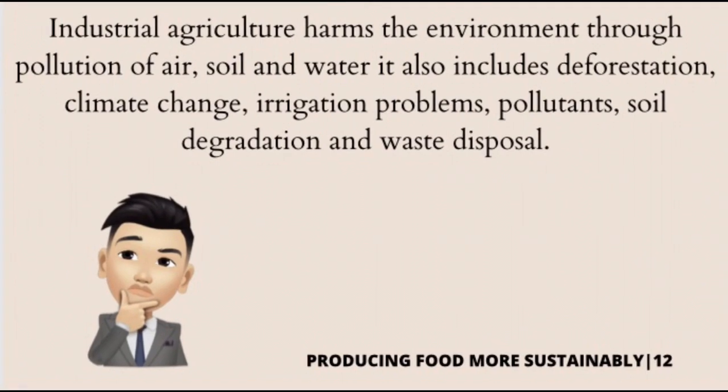Moving on to the last question, which is explain the environmental effects of industrialized food. Industrialized agriculture harms the environment through pollution of air, soil, and water. Industrialized agriculture also includes deforestation, climate change, irrigation problems, pollutants, soil degradation, and waste disposal.